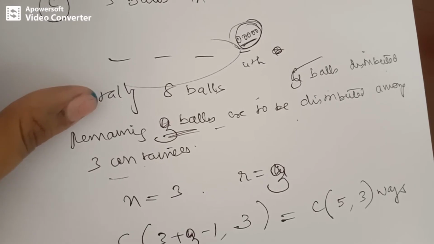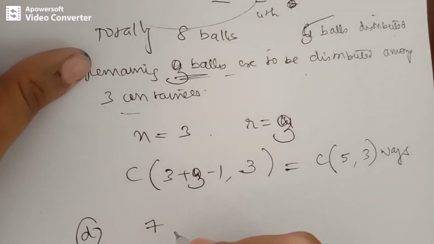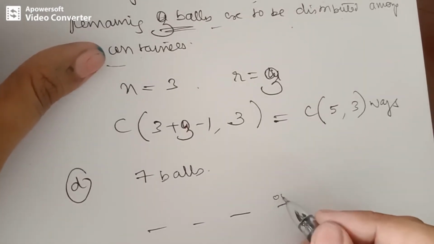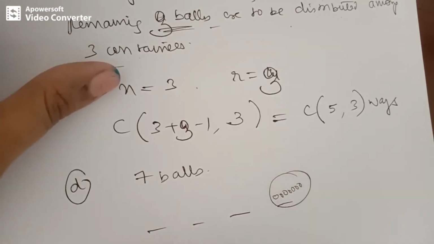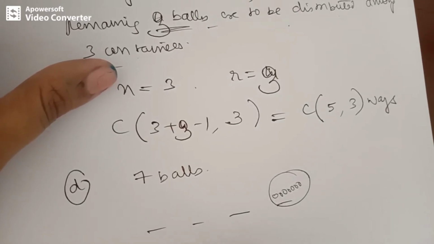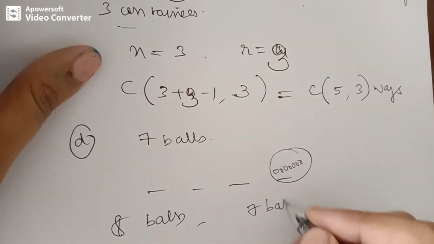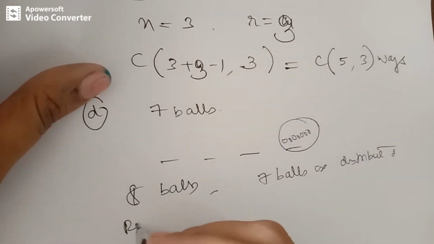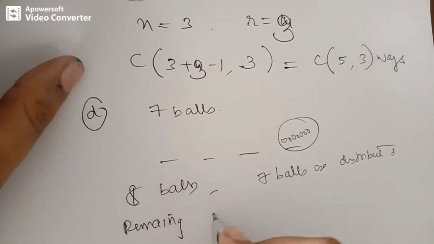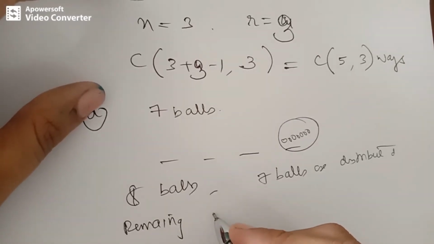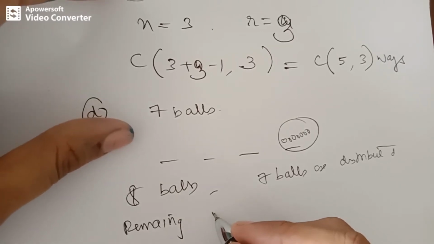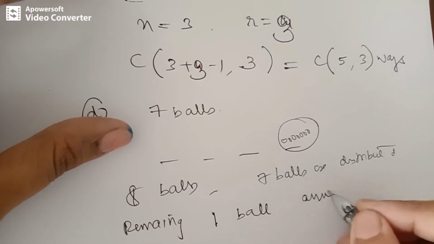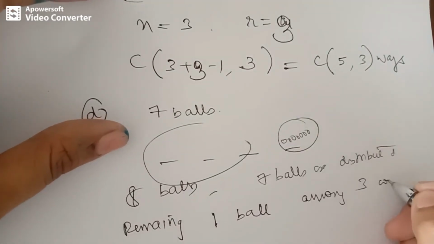Now let's take the last choice, that is putting 7 balls in the 4th container. We have 8 balls and 7 balls are already distributed. So the remaining 1 ball is to be distributed among 3 containers.